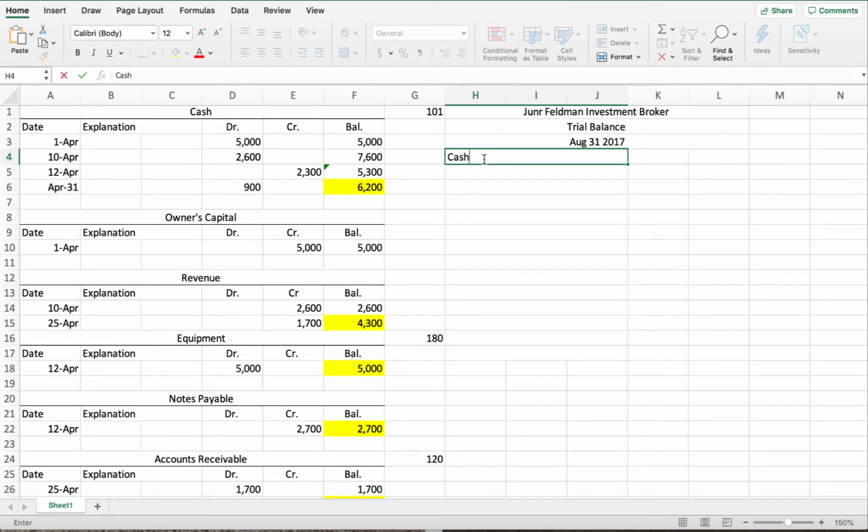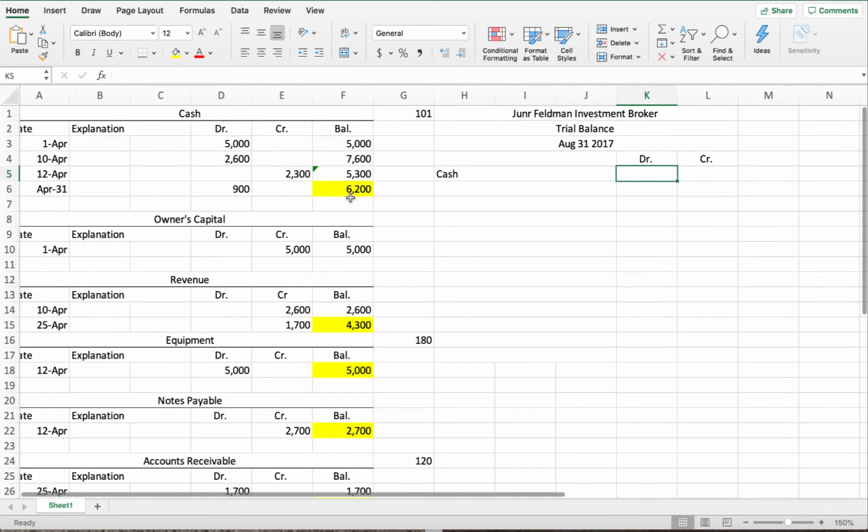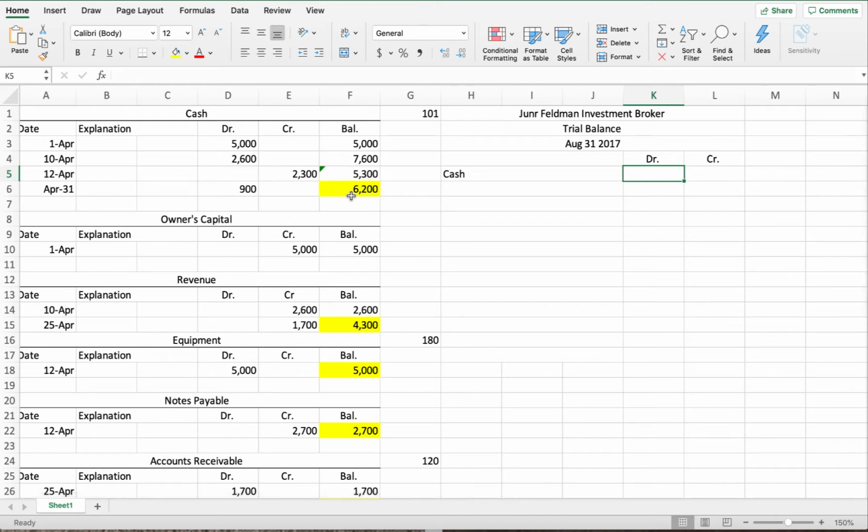So cash, well, actually, remember we need a debit column and a credit column. I'm going to center this. Okay, so now I'm going to say cash, that's my first asset. Well, cash has a balance of $6,200, okay?